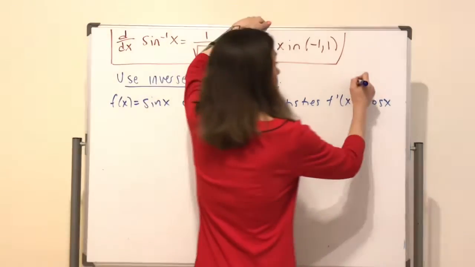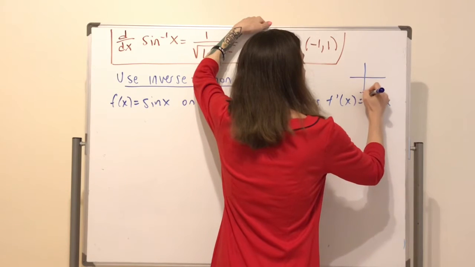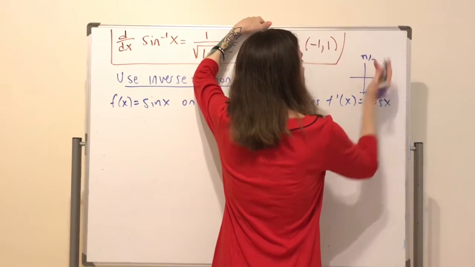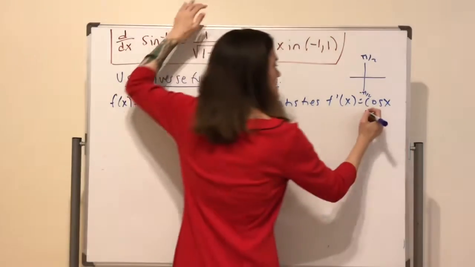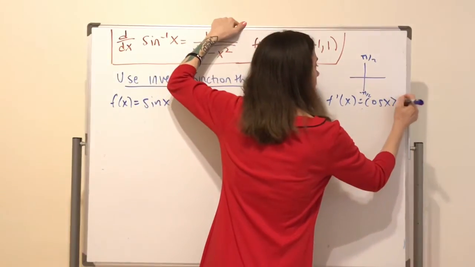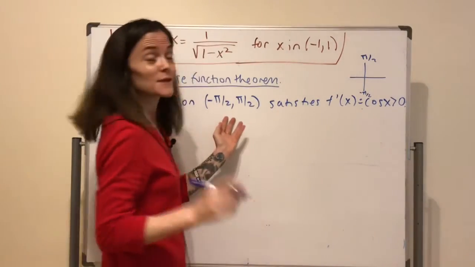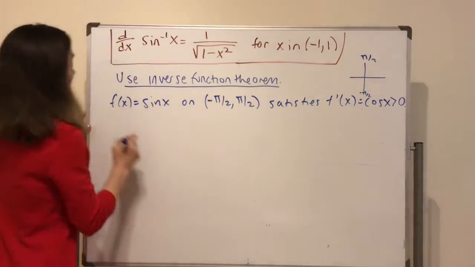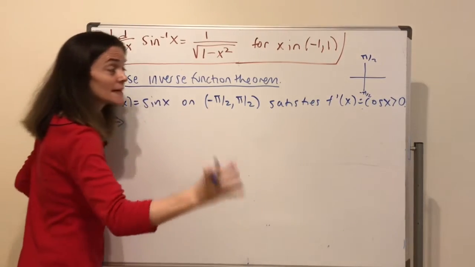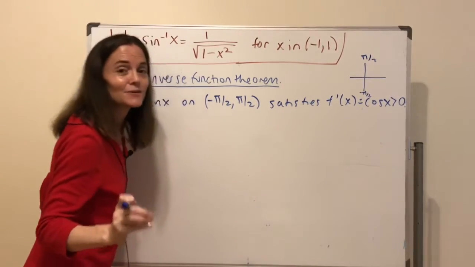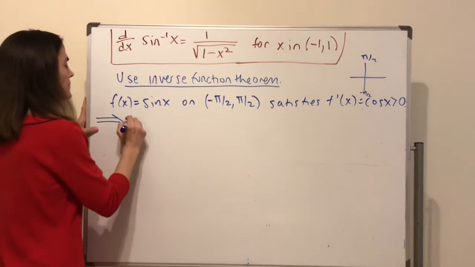Then f prime of x is the cosine. On this interval, if you think about the cosine, here's minus pi over 2, here's pi over 2, the cosine is positive. So it is strictly positive, and in particular not equal to 0 on this open interval. So we have a function on an open interval whose derivative is not equal to 0 there.